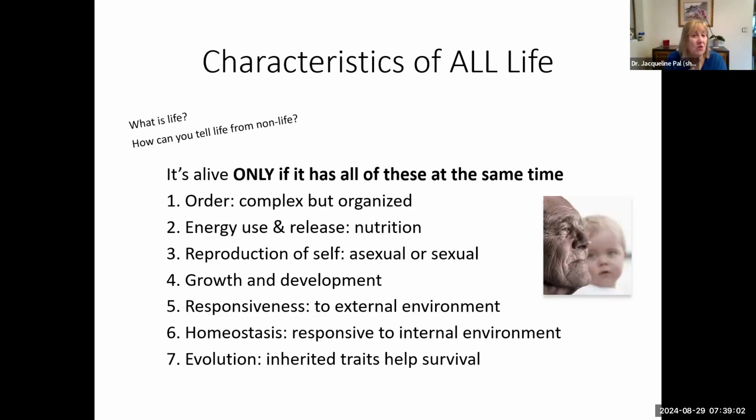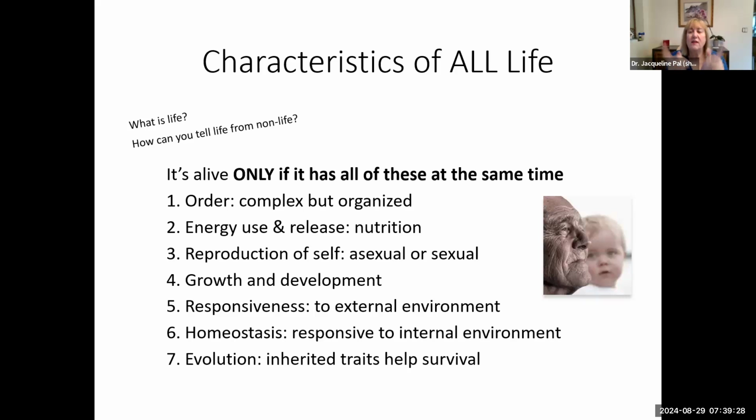Life is ordered, life is organized, or life is complex. All of those things mean the same. Energy: we can talk about life uses energy, or life has nutrition or requires nutrition. Those terms mean the same thing. So use whichever of those terms means more to you and realize that they are synonymous.